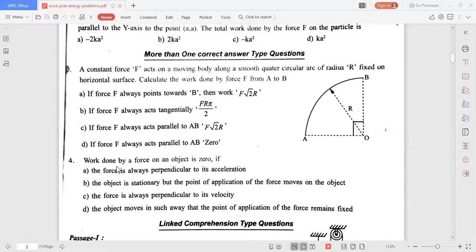I think C and D are correct. If the force is always perpendicular to its velocity, no work is done on the body because displacement is along the velocity direction, whereas force is applied perpendicular to the direction of its velocity. That's why work done is 0. So C and D options are correct. Okay.